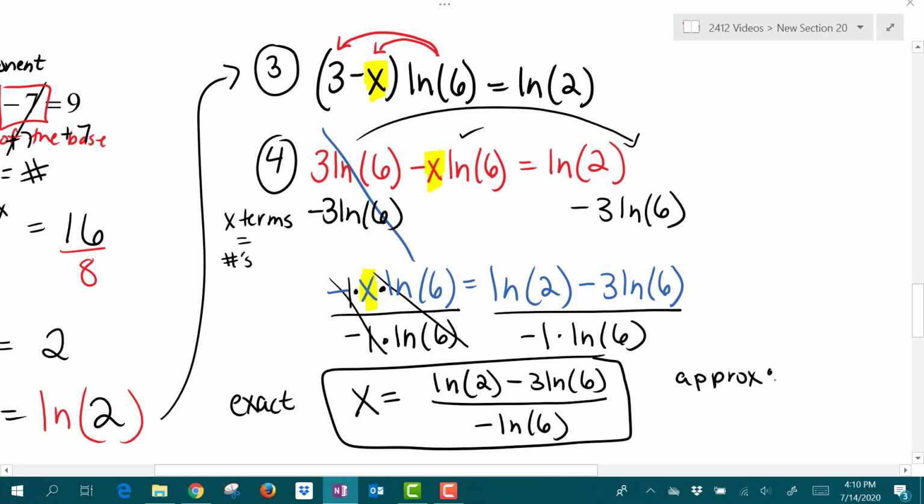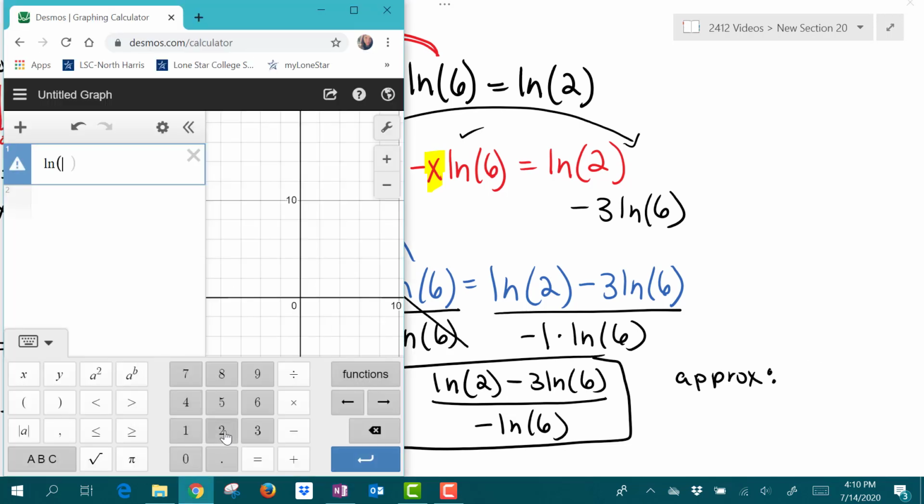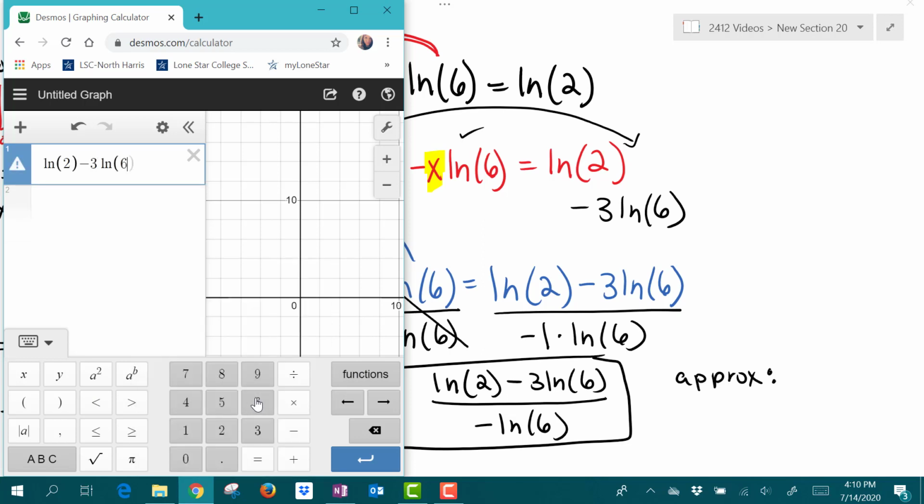Now let's use Desmos to find the approximation. All right, so that's the natural log of 2 minus 3 times the natural log of 6. Come outside of that. I want to make sure I divide all of that, so I'm going to highlight that.